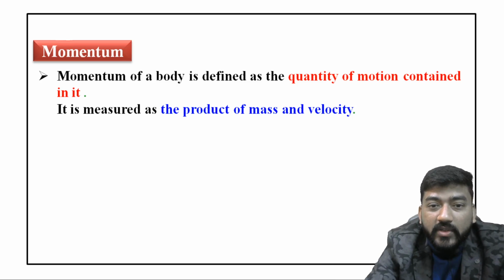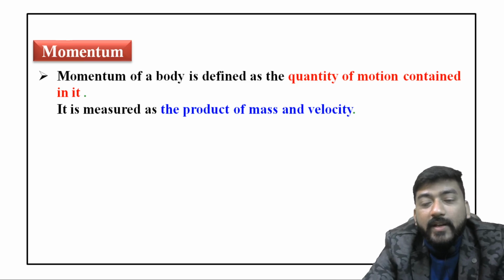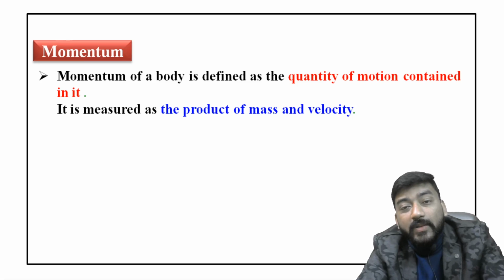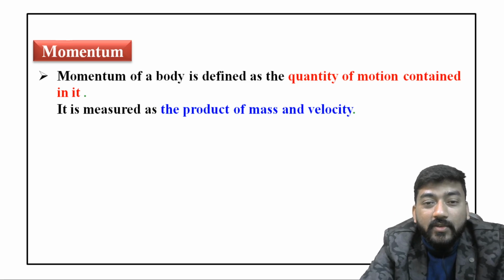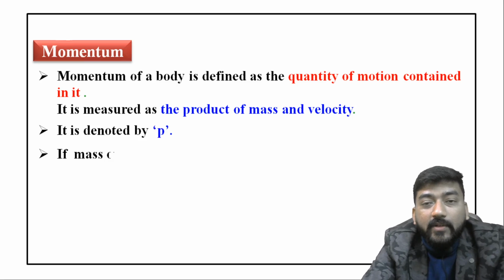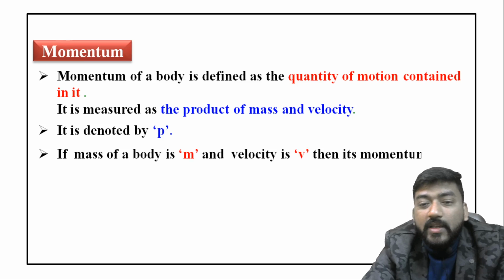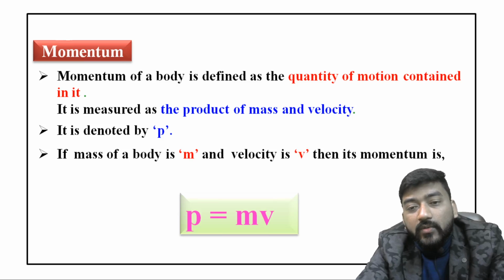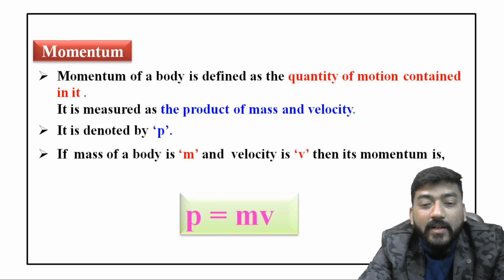That quantity of motion is measured by the product of mass and velocity. The product of mass and velocity is defined as momentum, and it is denoted by p. If the mass of a body is m and its velocity is v, then its momentum is p equals mv. This is the mathematical definition of momentum.